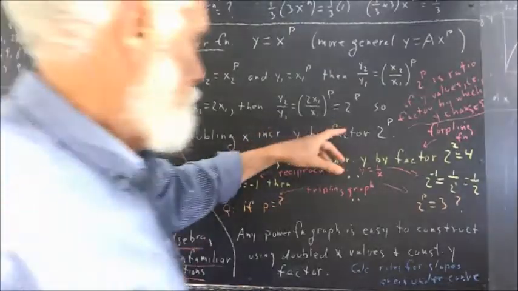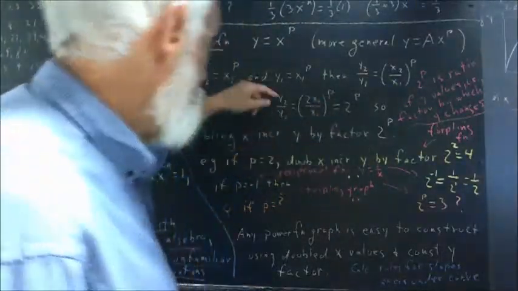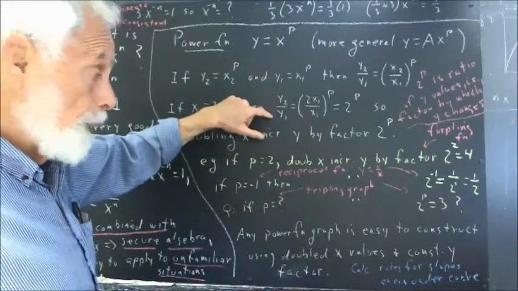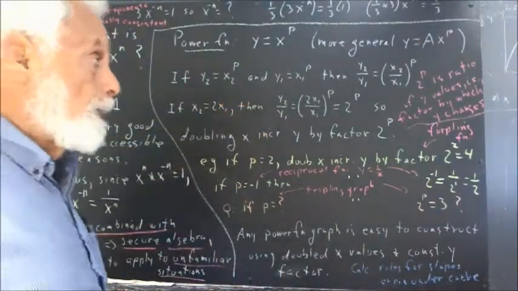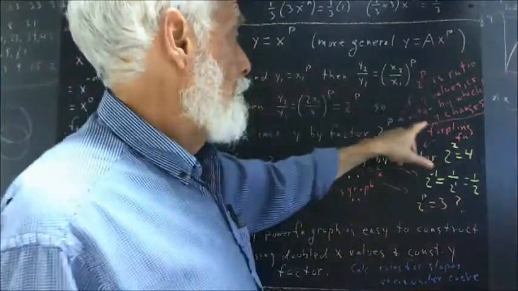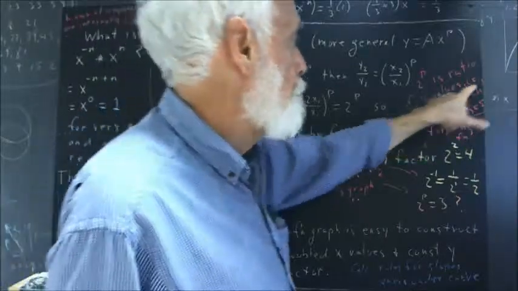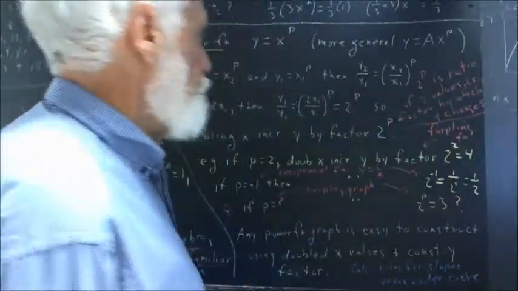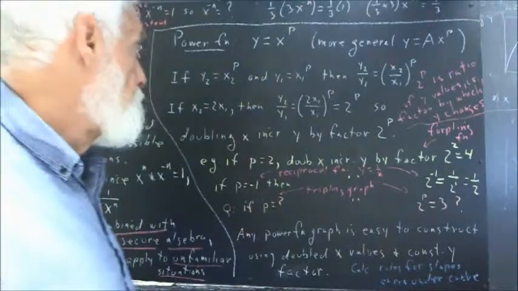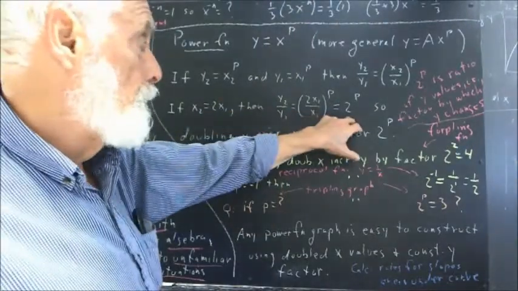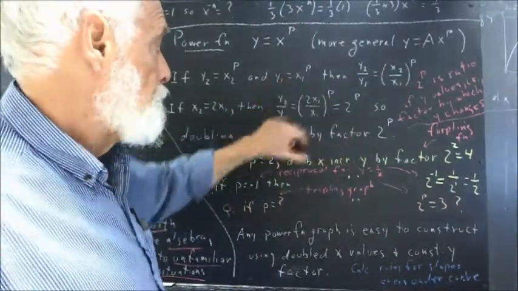Okay, what I've just written in is that 2 to the p is therefore the ratio of your y values. y2 over y1 is the ratio of y values. And that ratio of y values can also be called the factor by which y changes. So if p equals 1, for example, y2 over y1 would be 2. So that doubling x would double y.